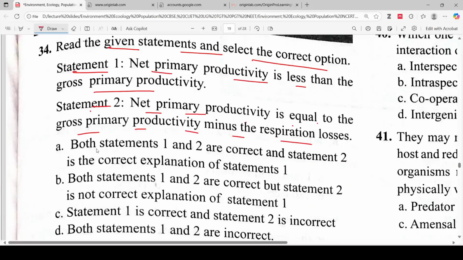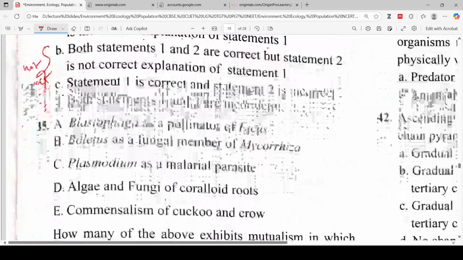So both statement 1 and 2 are correct, and statement 2 is the correct explanation of statement 1. So it looks like option A is correct, but this option is not correct. So the correct answer is option D. Next question.